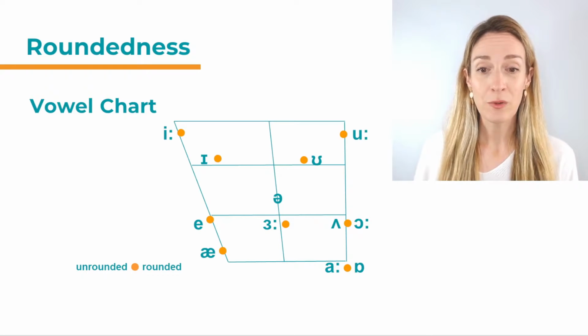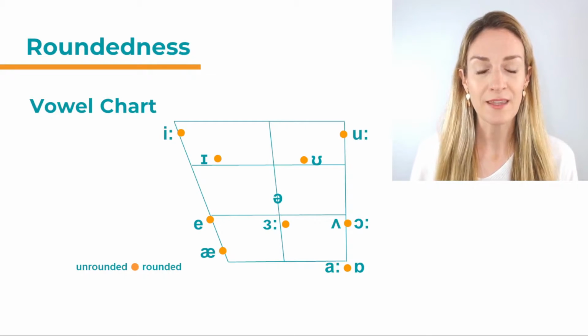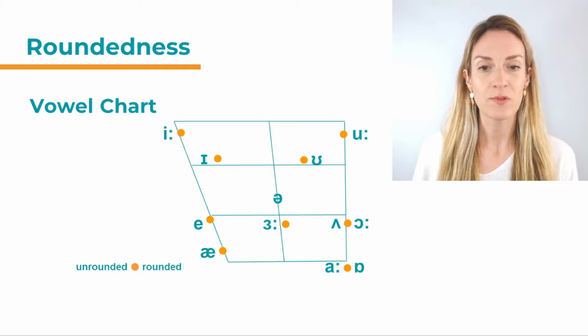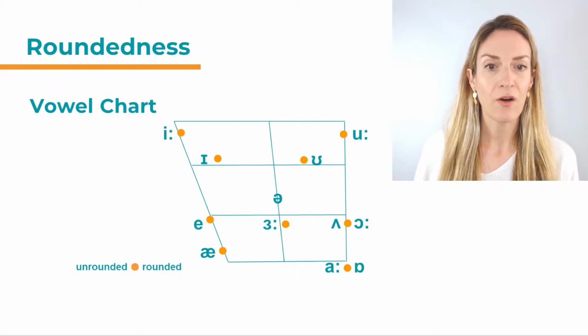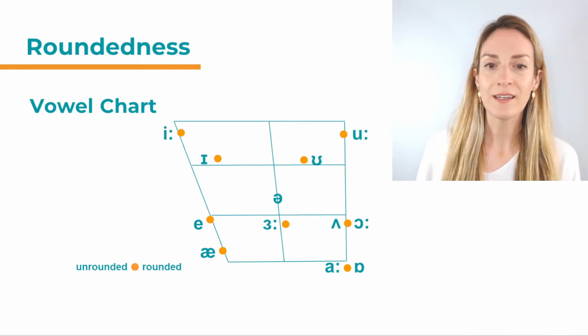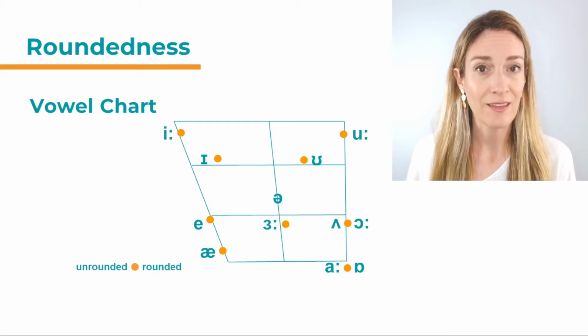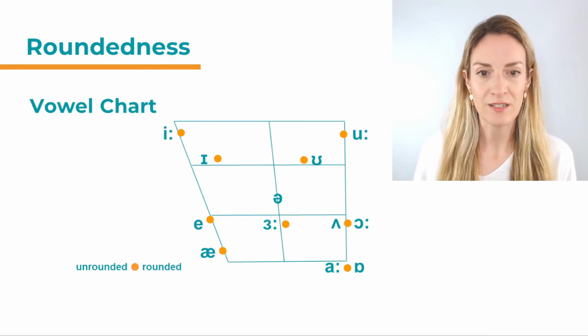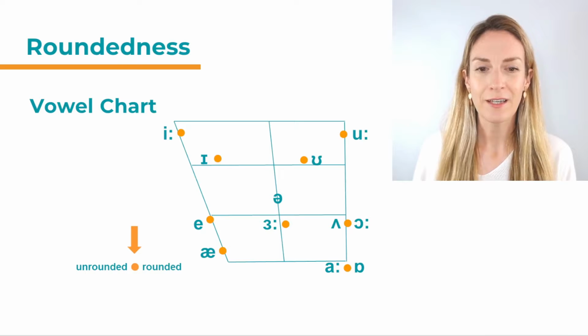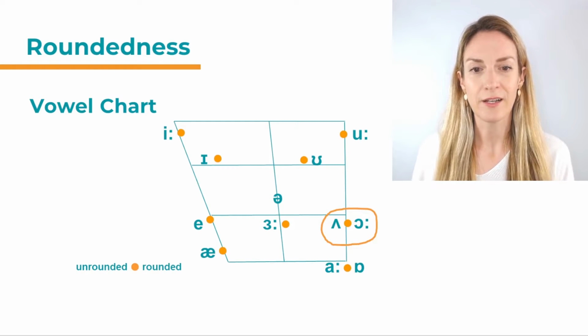Now, we also have, of course, the schwa in the middle, and that is also an unrounded vowel sound. And then we have a couple on the right, U and O. Now here, they are to the right of the dot, and that means those two are rounded. And then we have a couple more, and I've put like a little sort of circle around those.